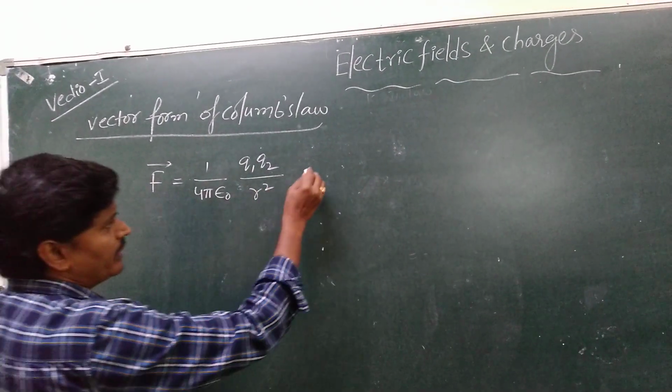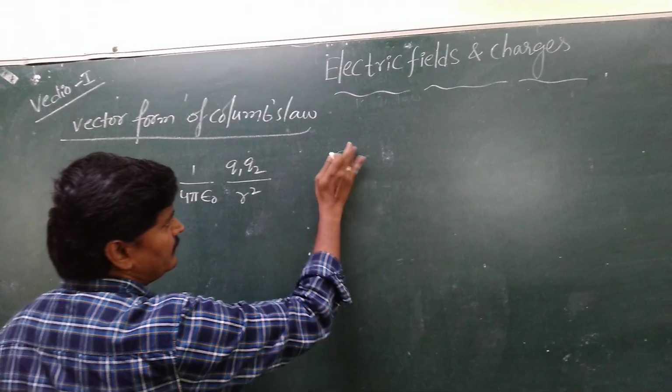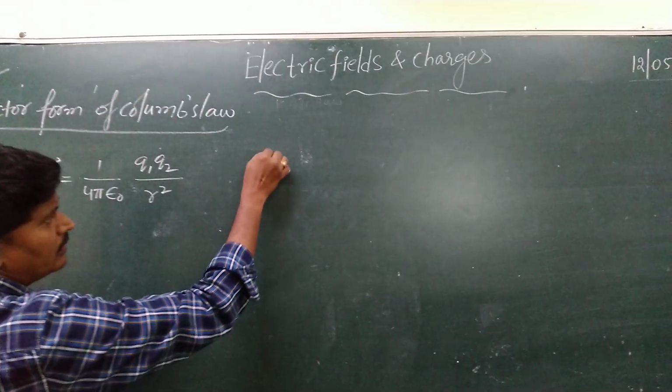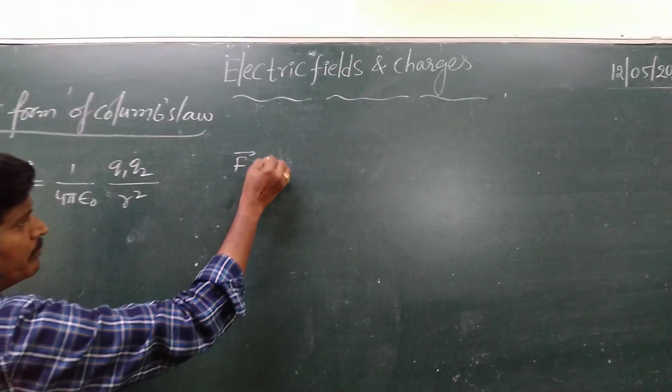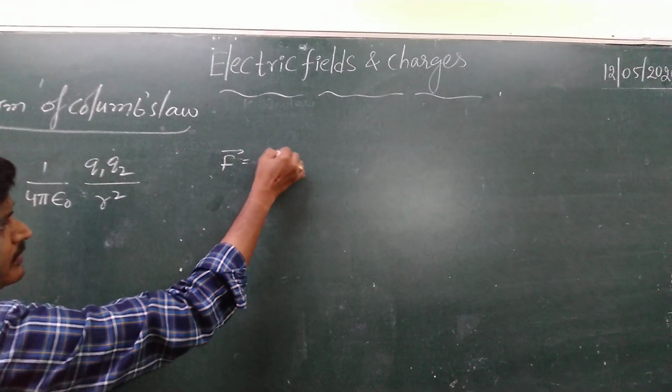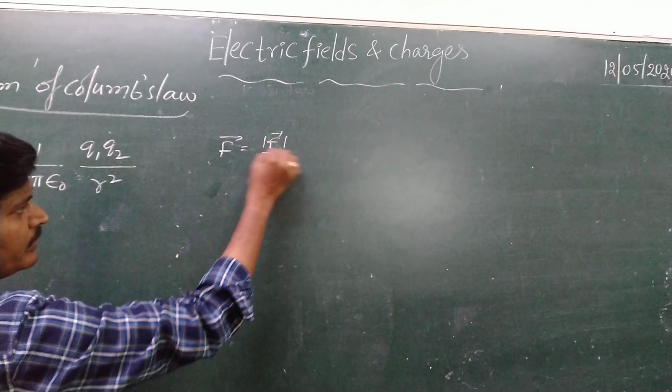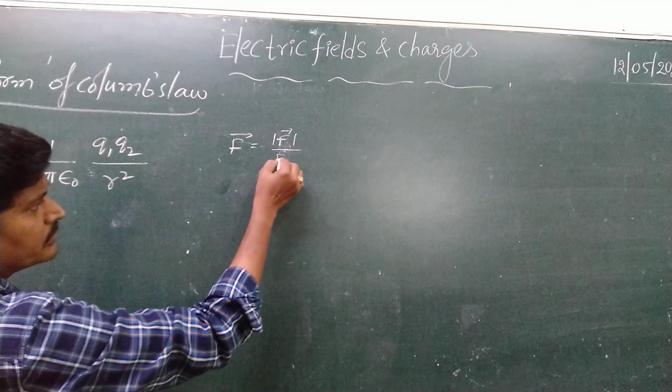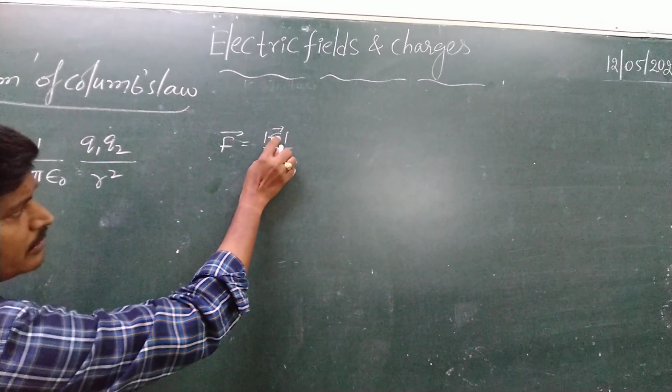In vector notation, F bar is equal to the modulus of F bar into F cap.